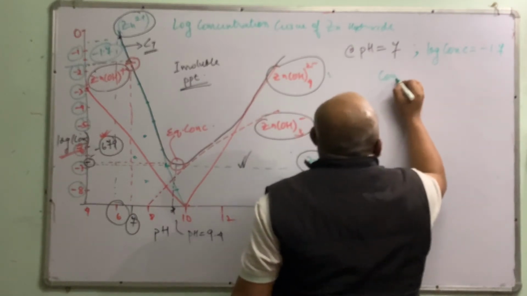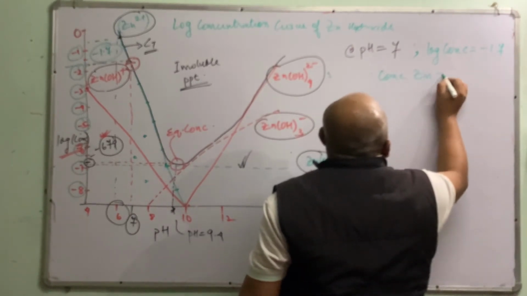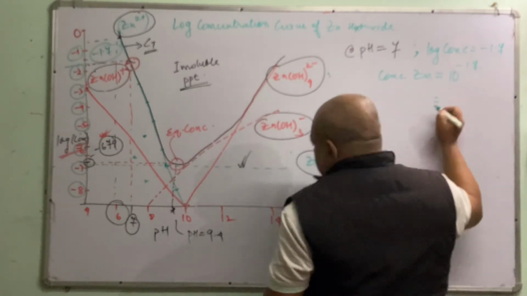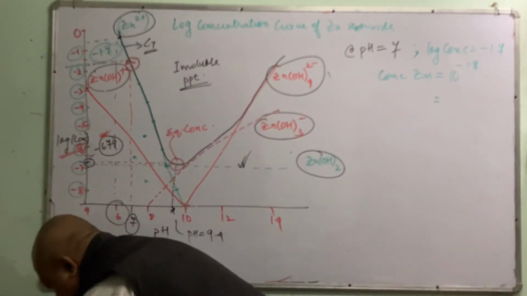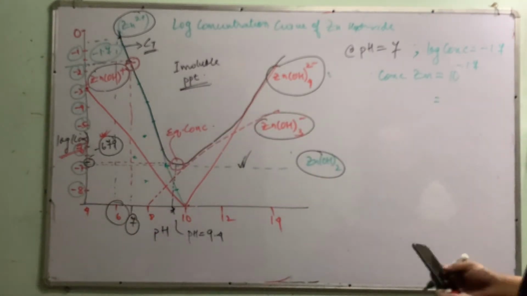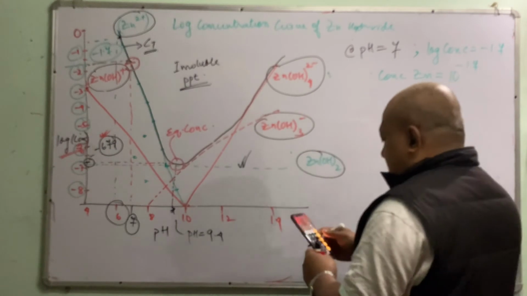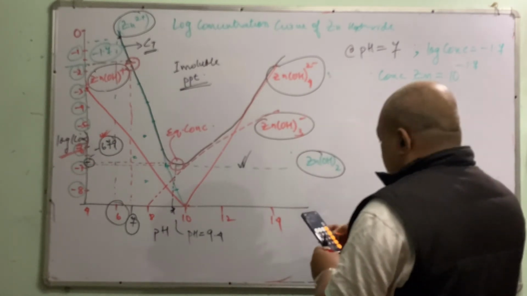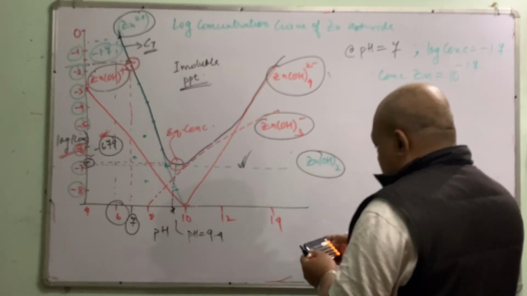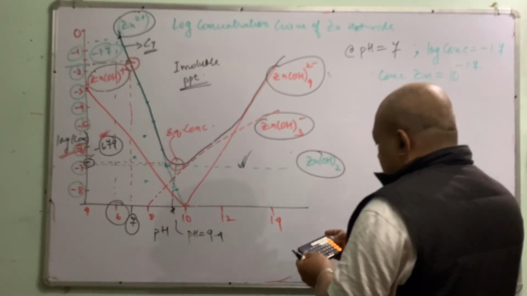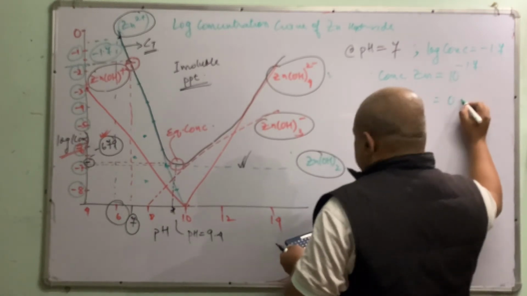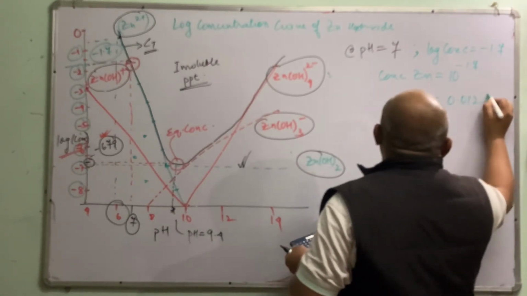Therefore, the concentration of the zinc is equal to 10 to the power minus 1.7. It's equal to how much? If this were in the class, some of you could tell me the value. 0.012 moles.